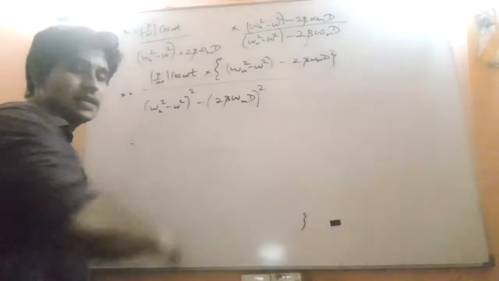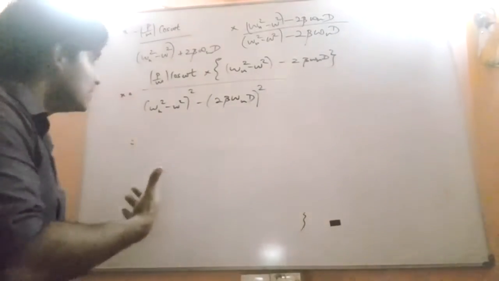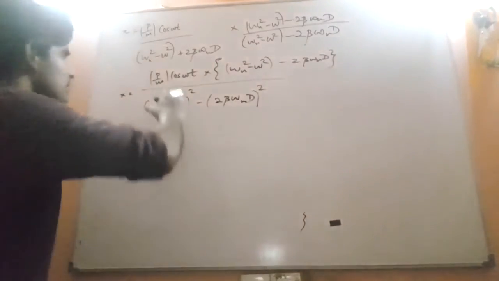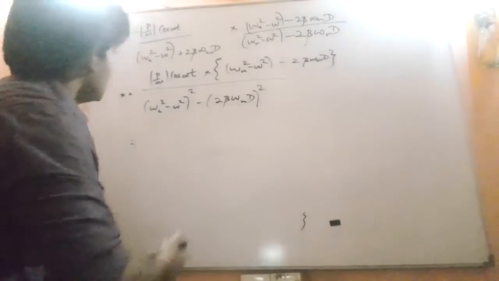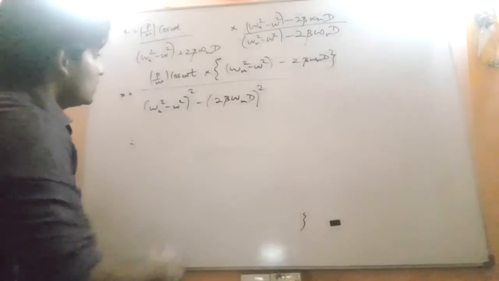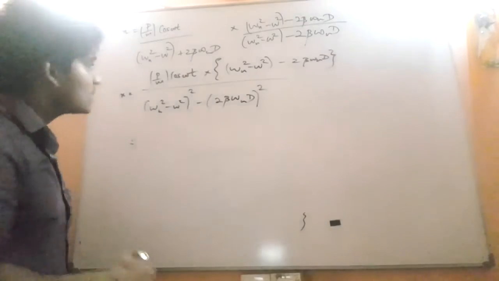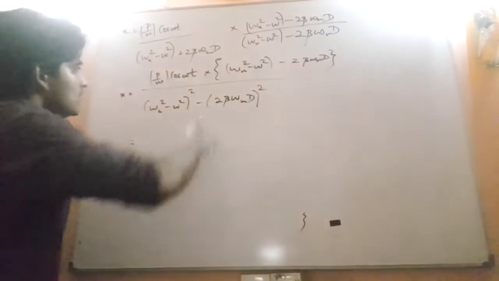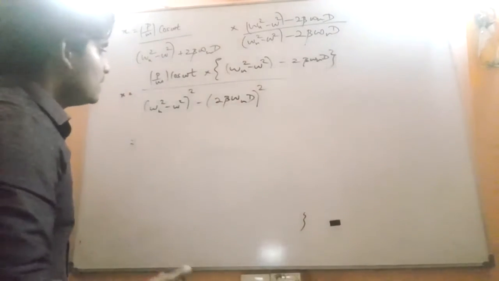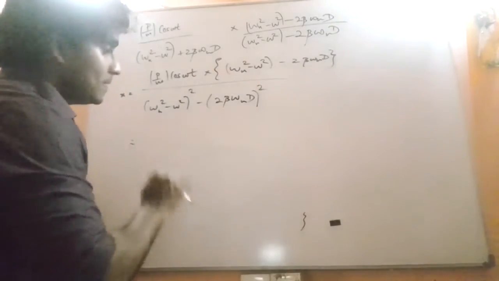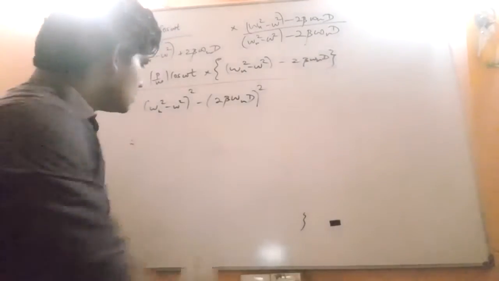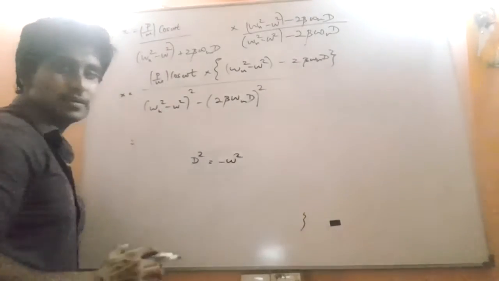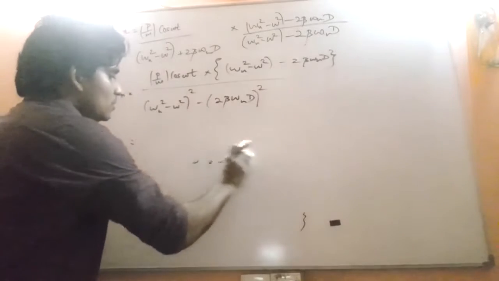If you have any cosine or sine term, here we have cos omega t, where t is the variable and omega is the coefficient of the time variable. If we have omega as the coefficient, according to the technique, we have to replace all D squared terms by putting minus omega squared. That is the technique.